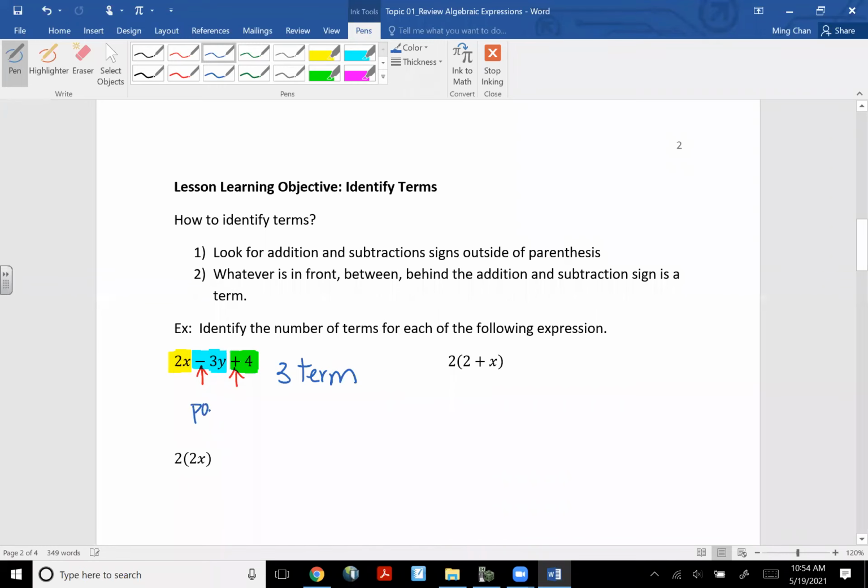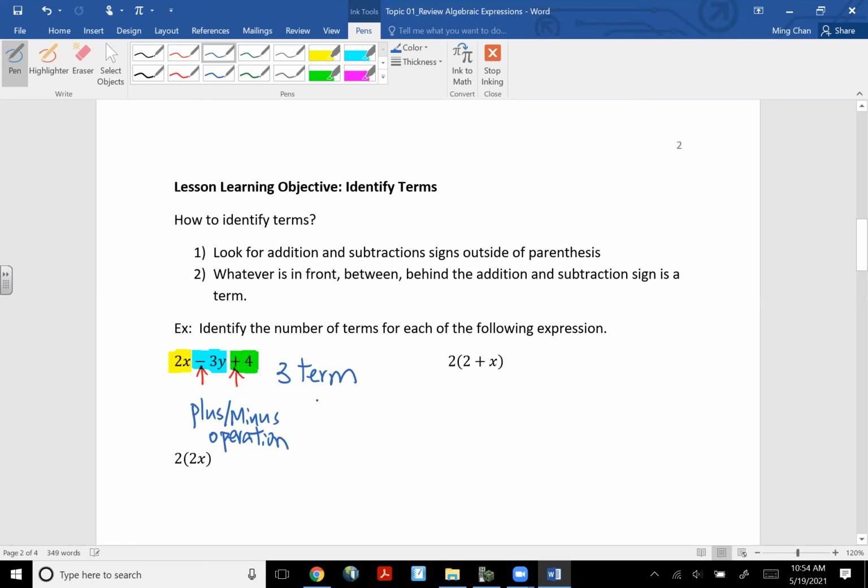So real quick, when you say plus and minus, or add and subtract, as in 2x minus 3y plus 4, normally that wording is used when we are dealing with operations.